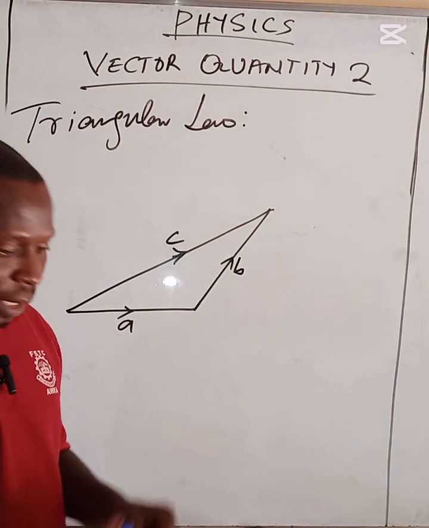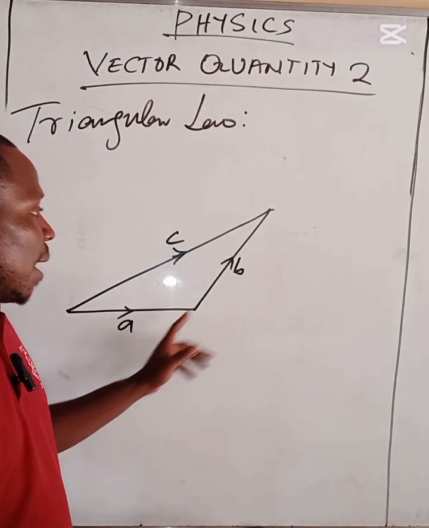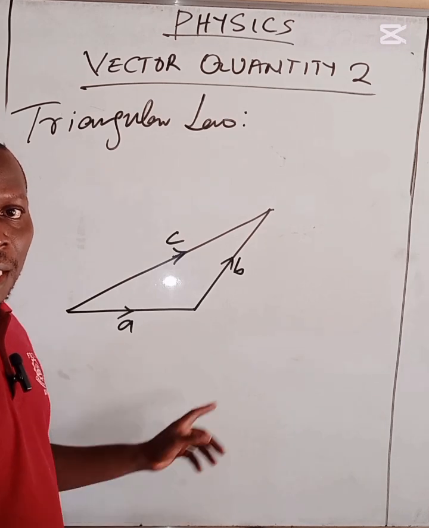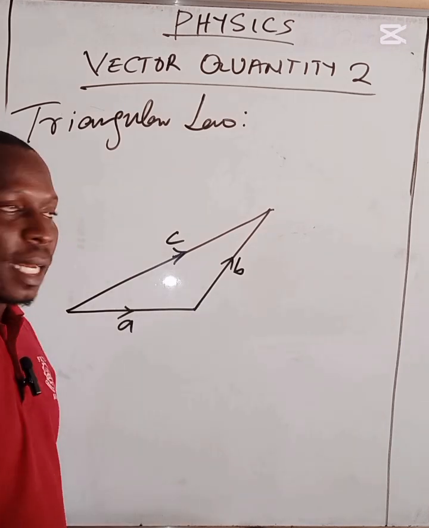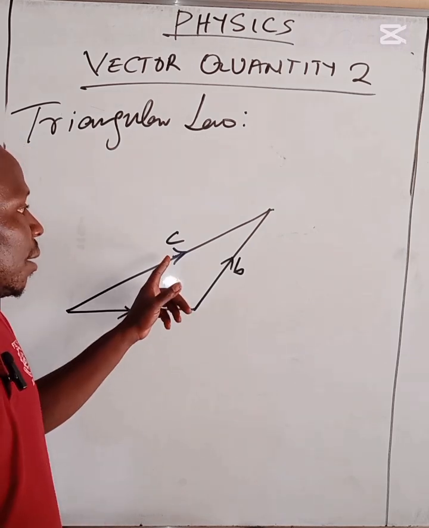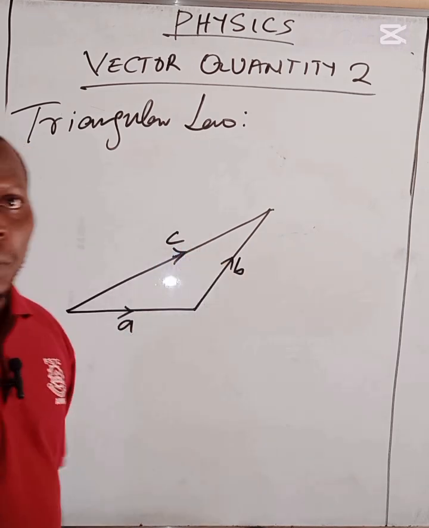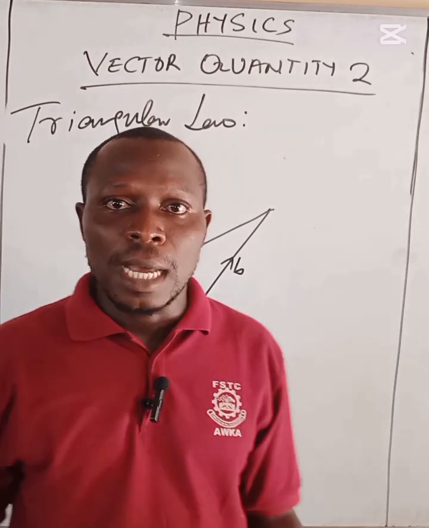So if two vectors A and B represent the two sides of a triangle taken in order, the third side represents the resultant taken in opposite order. That is what the law says.